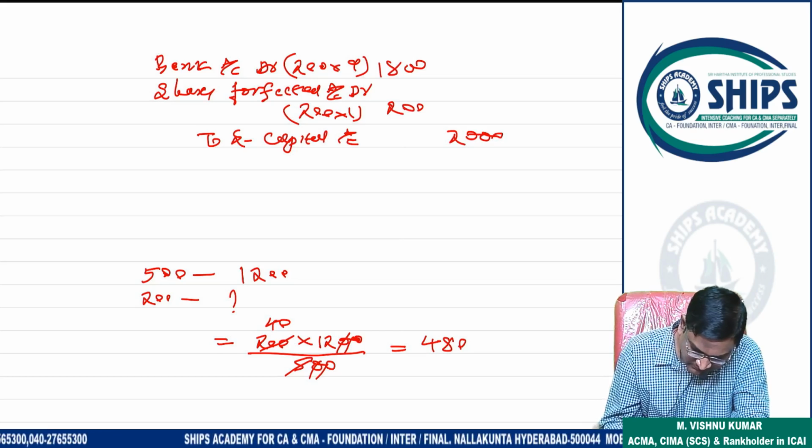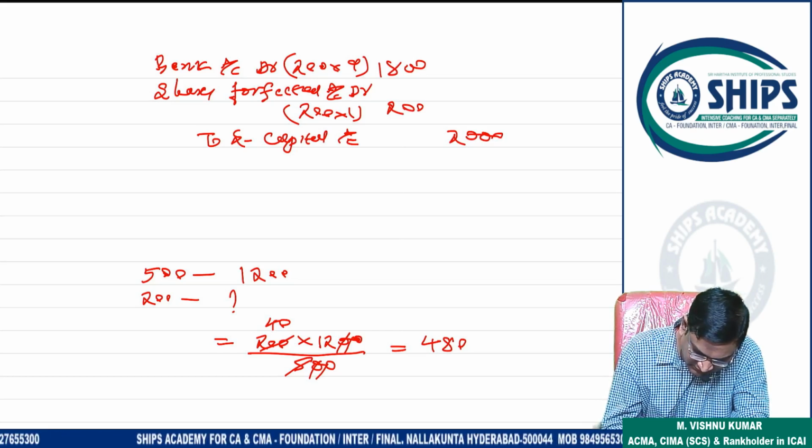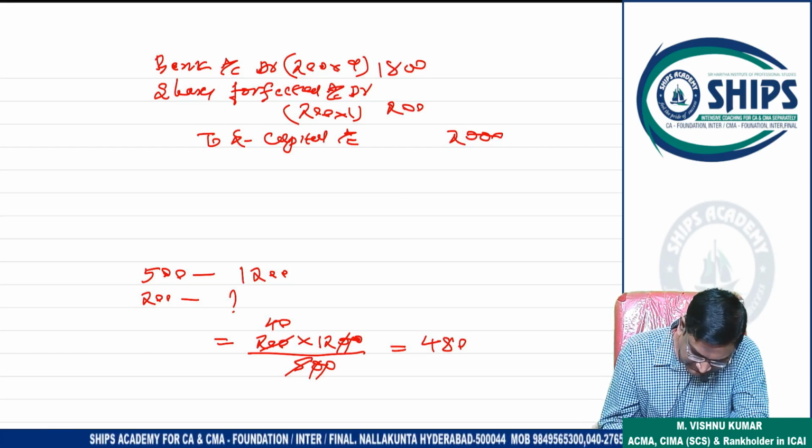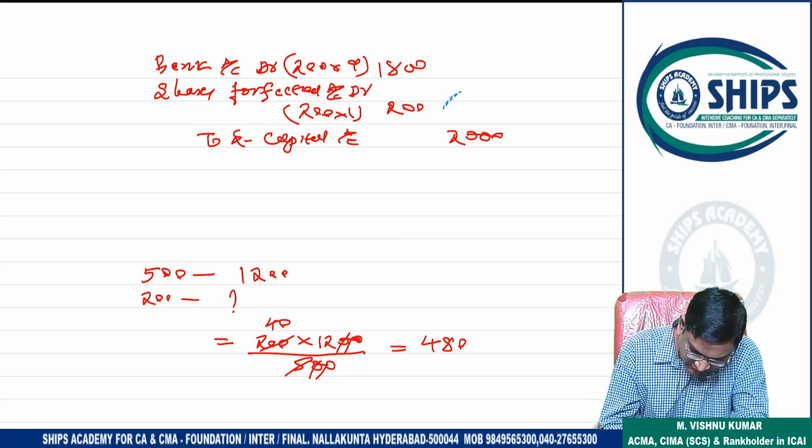Okay. For 200 shares, this shares forfeited is coming as how much? 480. And here shares forfeited how much? 200.